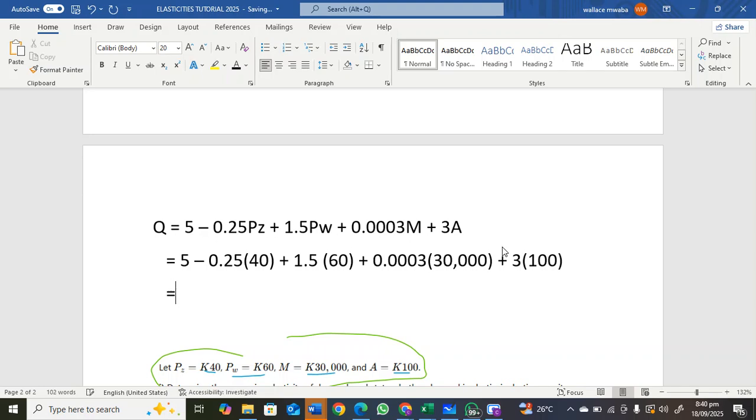Okay, so 0.25 times 40, what do we get? If I'm not mistaken, it should be 10. Plus 1.5 times 60.